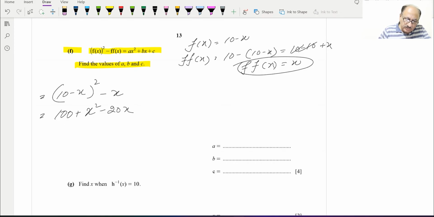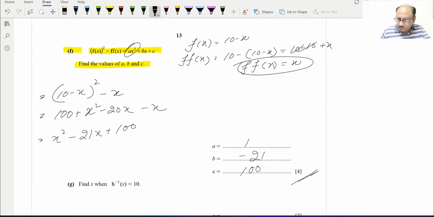Hopefully you understood this. Then minus x, and this will be equal to x square minus 21x plus 100. The a value is the coefficient of x square, which is 1, and the coefficient of x is minus 21, so the b value is minus 21, and the constant is 100, so we can write 100, and this is for 4 marks.